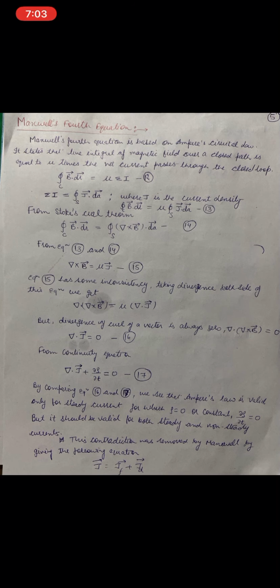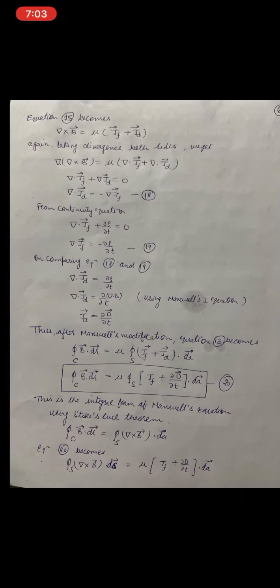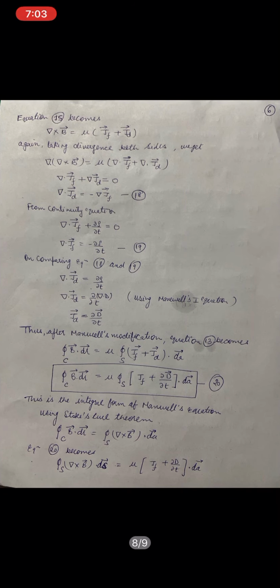Okay. So now we will put this value of Jf plus Jd into equation number 15. What is equation number 15? Equation number 15 becomes the curl of vector B is equal to mu times (Jf plus Jd).